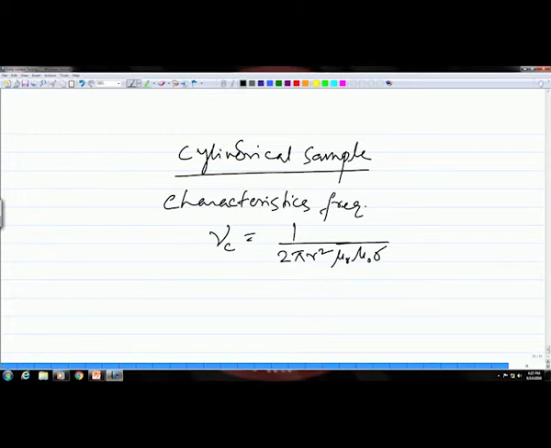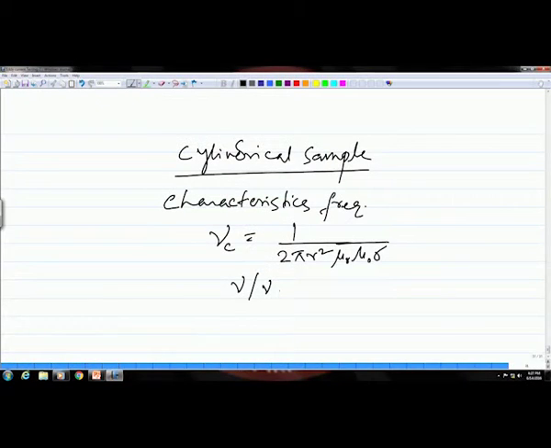This is how you first define a characteristic frequency, which would depend on the size and the properties of the material, and then based on this characteristic frequency, frequency charts are prepared for a given part of a given geometry.